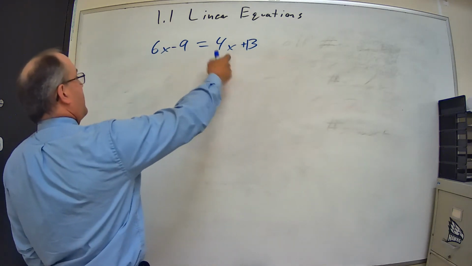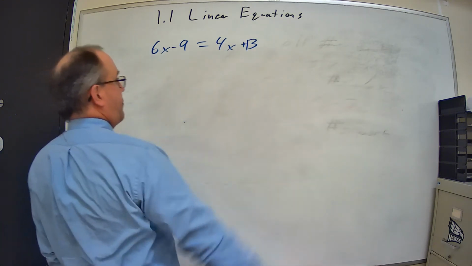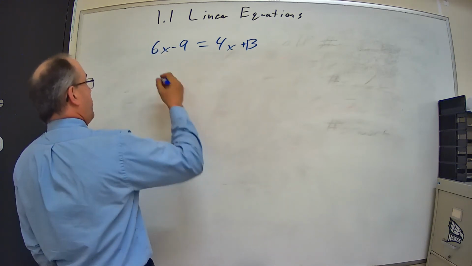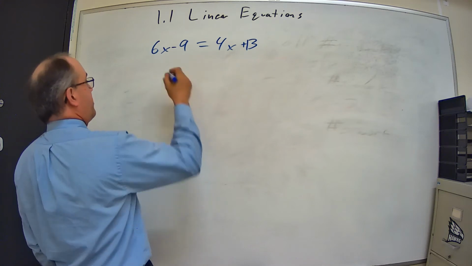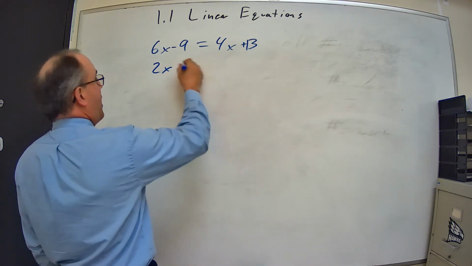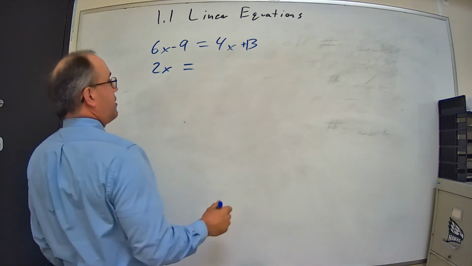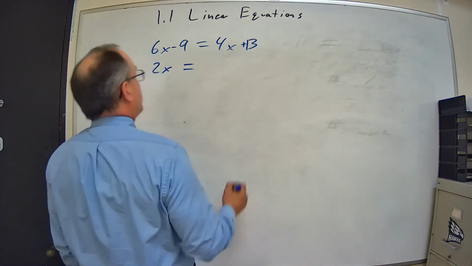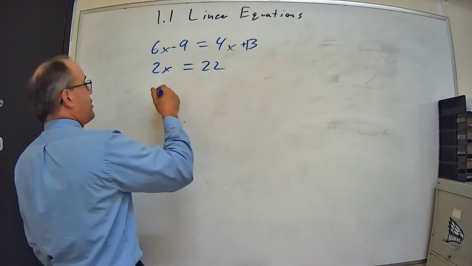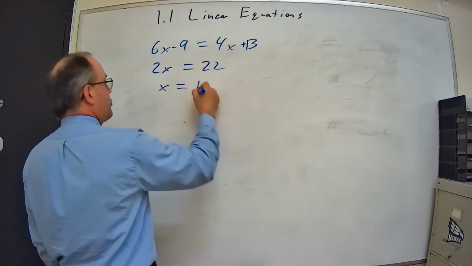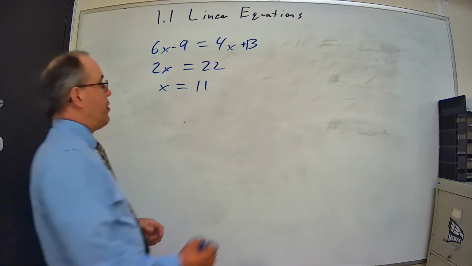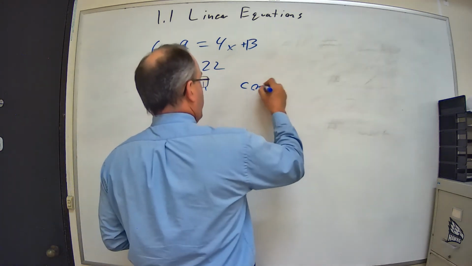We're going to get the x's on the same side, and the constants on the other side. So subtract 4x from both sides. 6x minus 4x gives me 2x. Add 9 to both sides. 9 plus 13 is 22. Divide both sides by 2 and we get x is equal to 11. Therefore, this is a conditional equation.